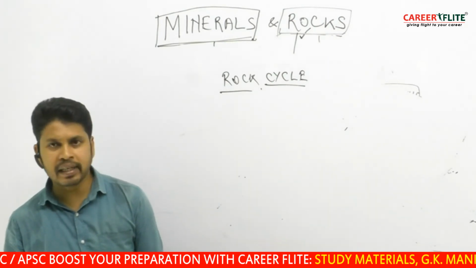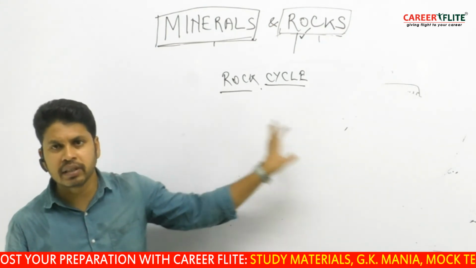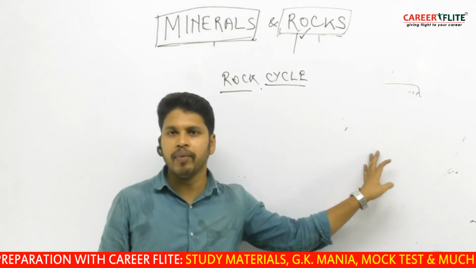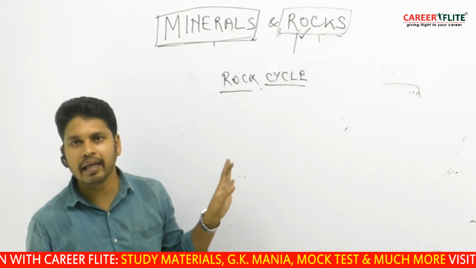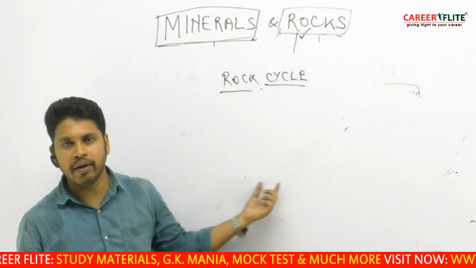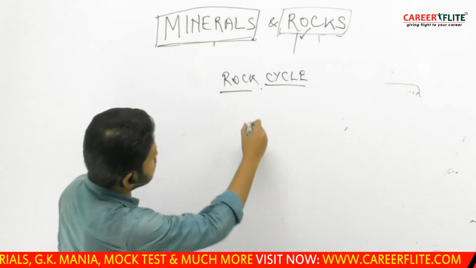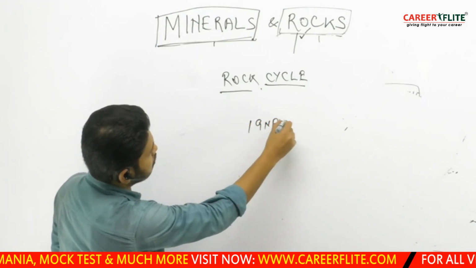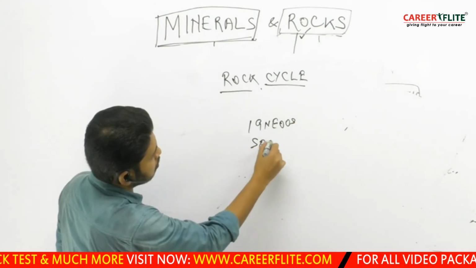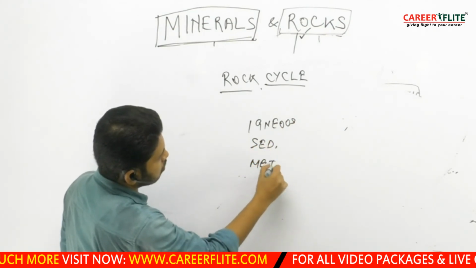We have seen the different types of rocks, right? Igneous rock, sedimentary rock, and metamorphic rock. These three types of rock can get transformed from one form to another form.